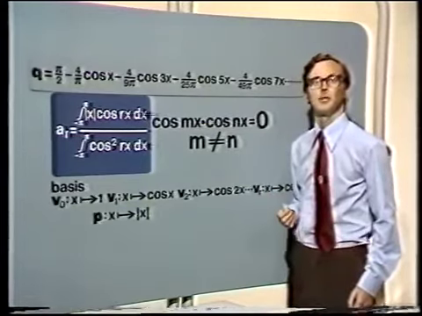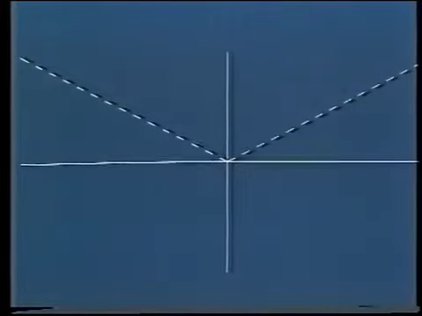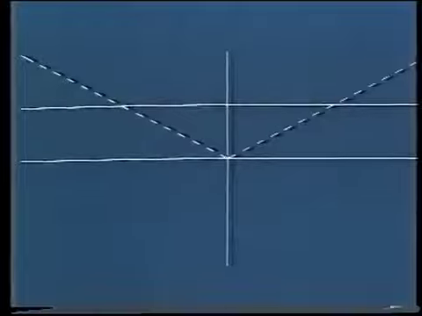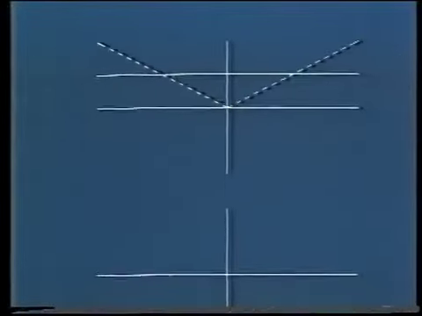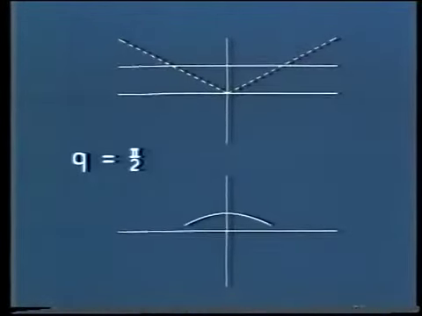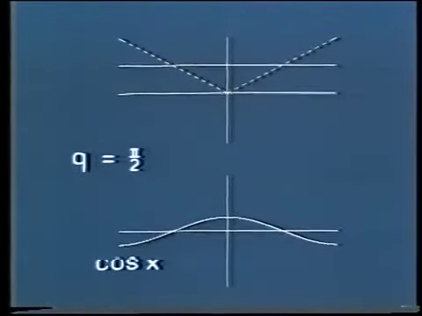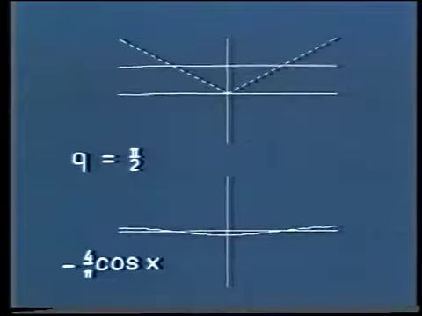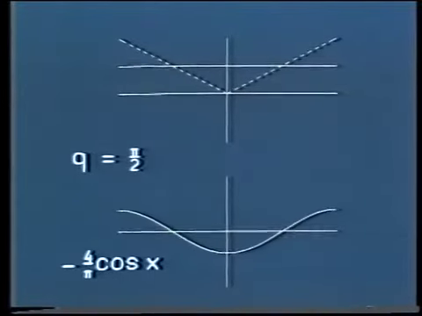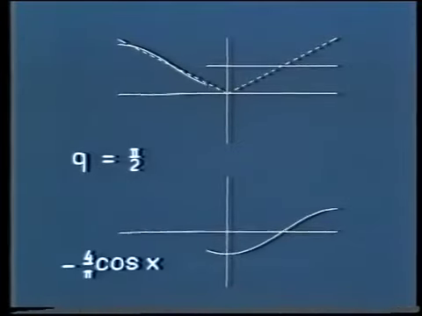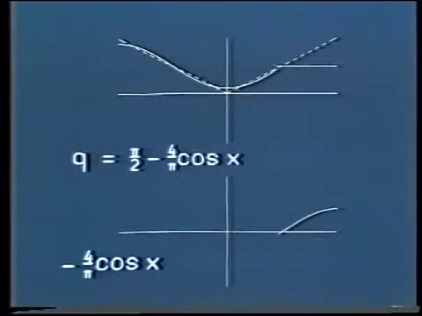Let's see what it looks like. This is the function mod x. And this is a first approximation, pi over 2 times the function 1. A function orthogonal to this is cos x. Multiply by minus 4 over pi, the Fourier coefficient. Adding gives a better approximation. It's the one we had before.